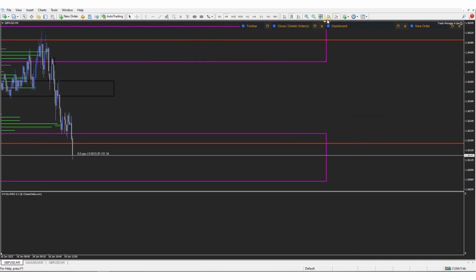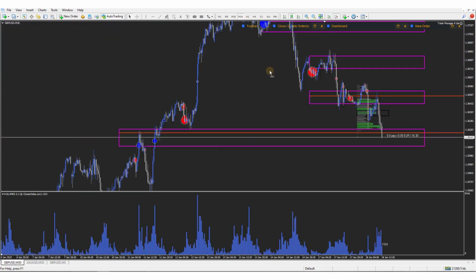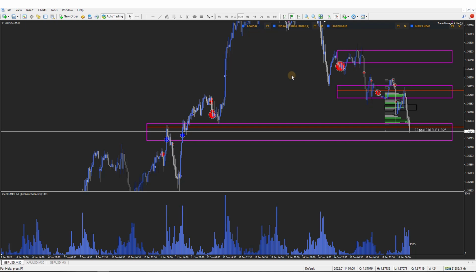So try, guys, to use this tool, the market profile. I am very amazed how we can read this. Yes, how we can see that the high volume was below demand, and that then we can expect the move even deeper on this demand, or a break of this demand.